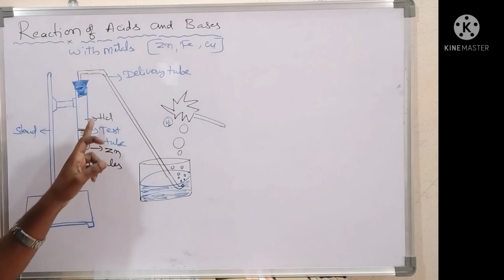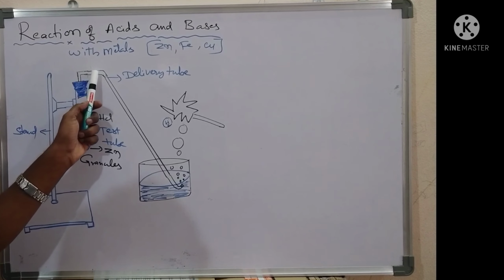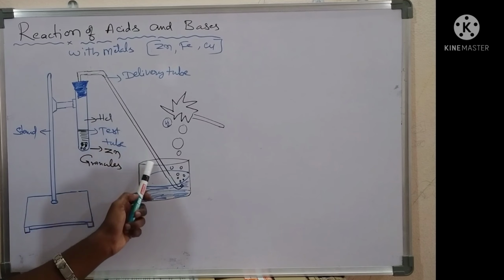From here one of the gases passes through the delivery tube. In the trough there is soap water. The gas which is evolved through the soap water forms some bubbles.